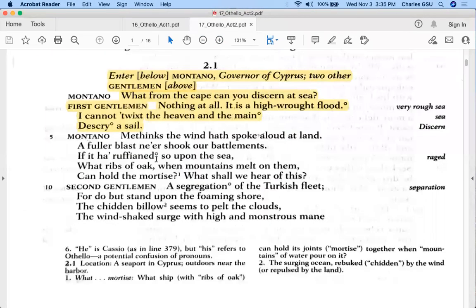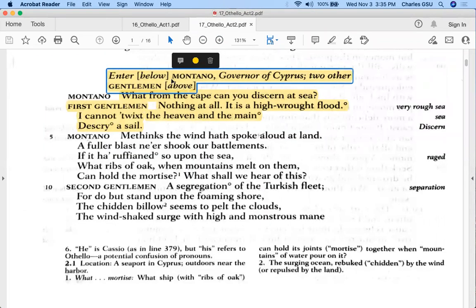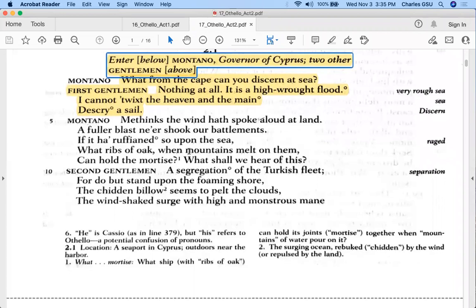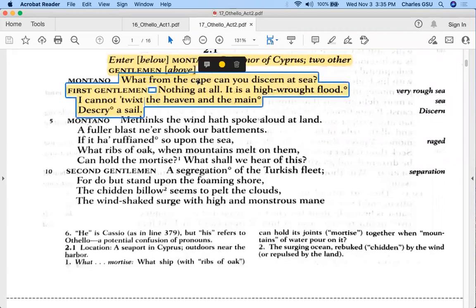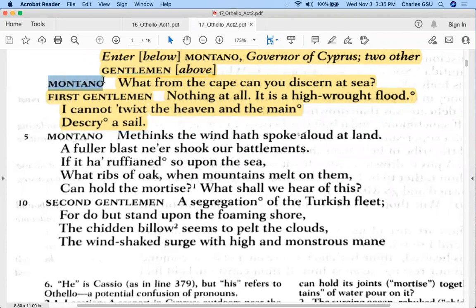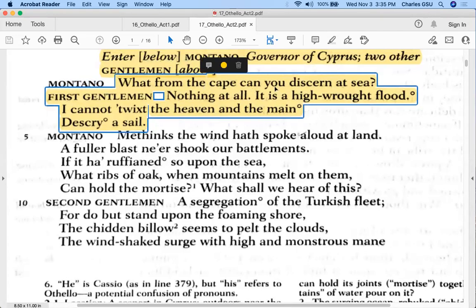When we move to Act 2, we're now after the Turks have been routed, or the threat of Turks taking over Cyprus has occurred. And a theme in the play is seeing, as I mentioned earlier, seeing versus appearance, or what is and what is not. And Montano, who is the governor of Cyprus, so he's already there, important figure, says, what from the Cape or from the coast, right, can you discern at sea, to one of the soldiers, gentlemen.